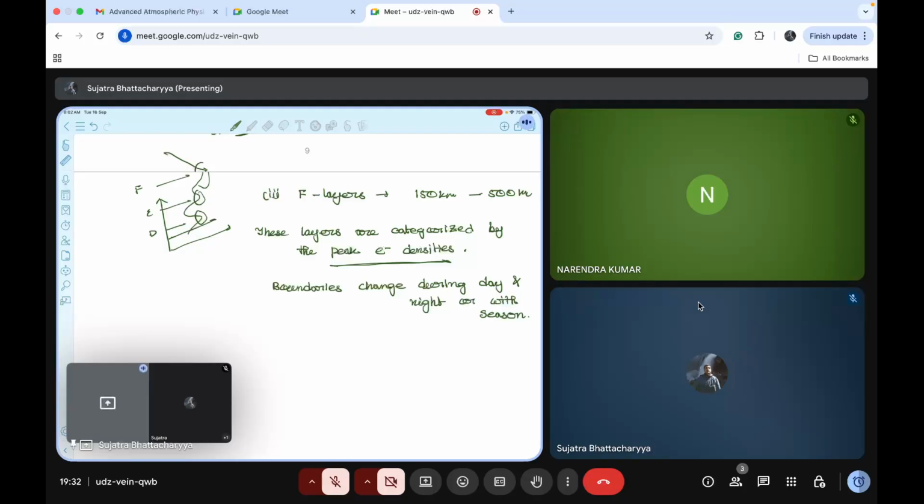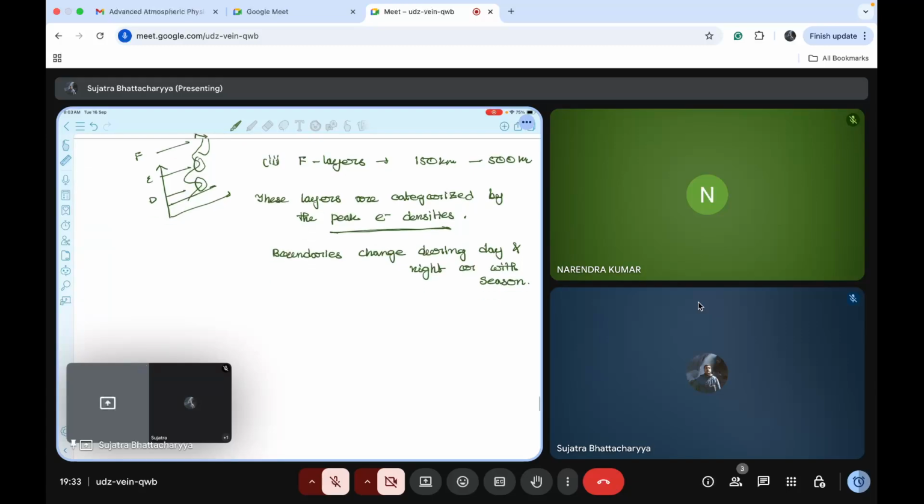These different frequencies hit the atoms and molecules and turn them into a large number of ions. But at night, when the solar radiation is cut off, the production of ions or electrons stops. Slowly and gradually, those ions tend to recombine, and hence the number of ions or electrons decreases.